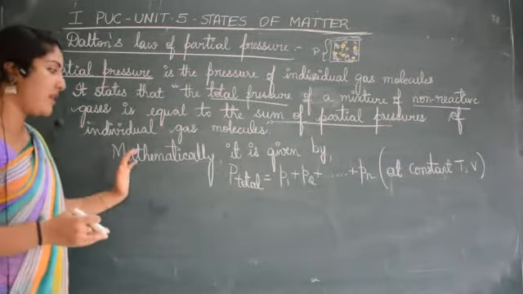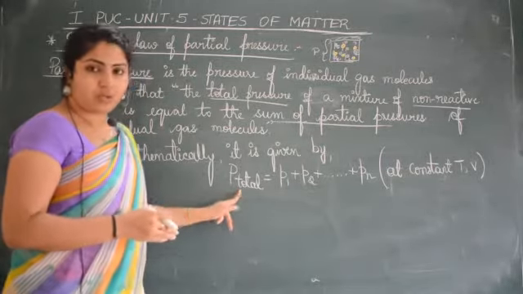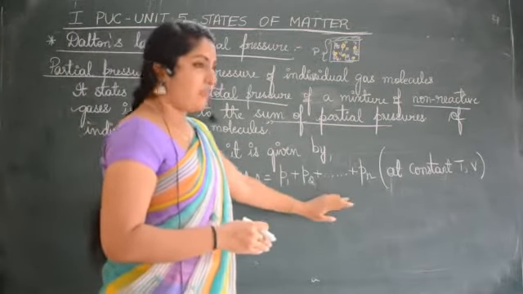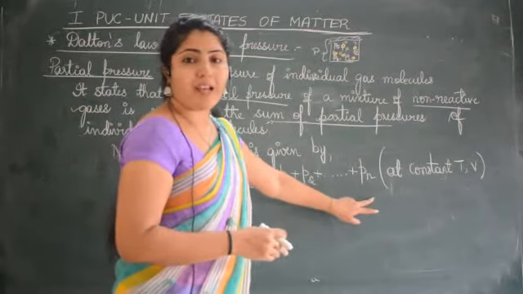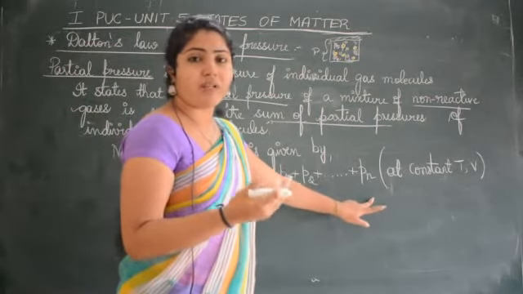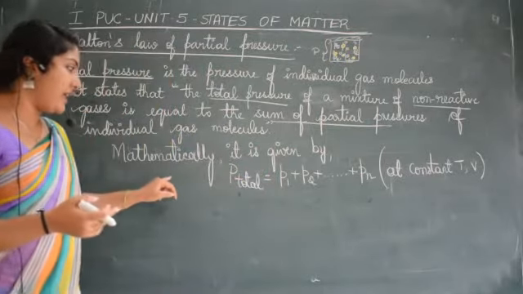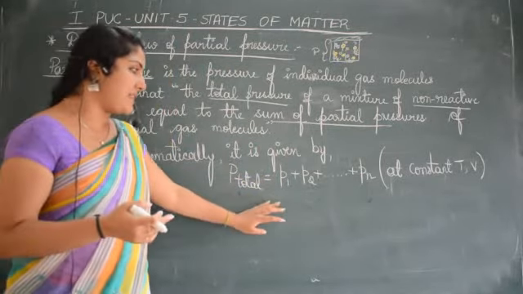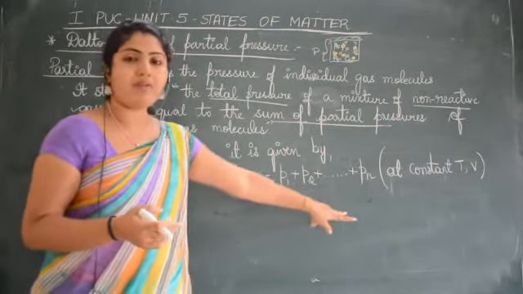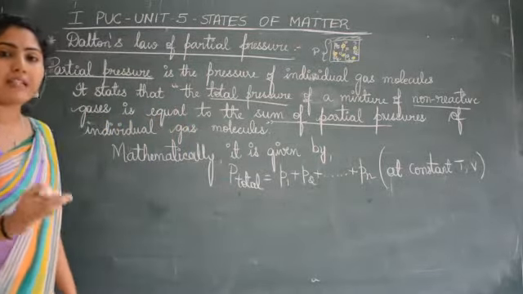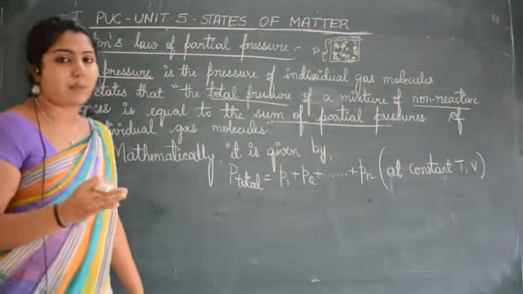Instead you will have to write, if P total is the total pressure, and P1, P2, P3, so on up to Pn are the partial pressures of individual gas molecules, then mathematically it can be given as P total is equal to P1 plus P2 plus so on up to Pn. This is how you will have to write if they ask you to state and explain.